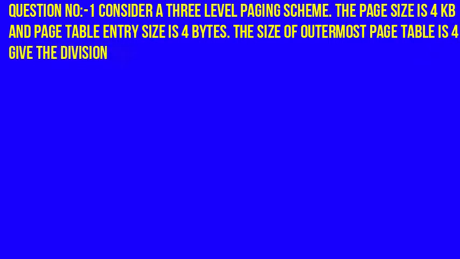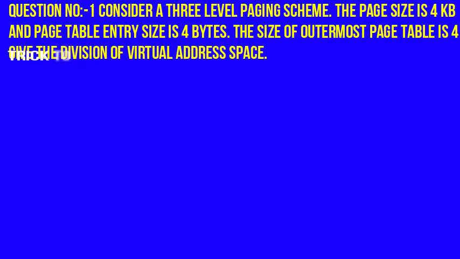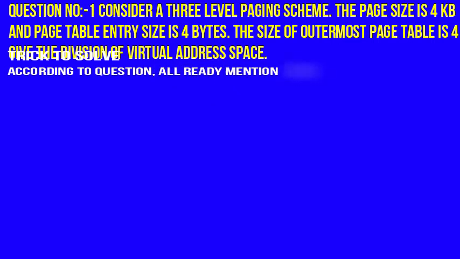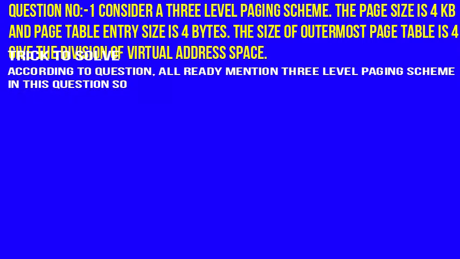Give the division of virtual address space. According to the given question, a three level paging scheme is already mentioned, the page size is given as 4 kilobyte, the page table entry size is given as 4 byte, and the size of the outermost page table is 4 kilobyte.